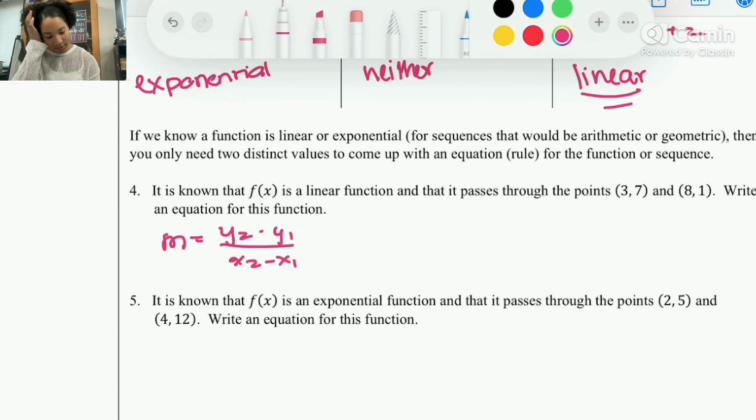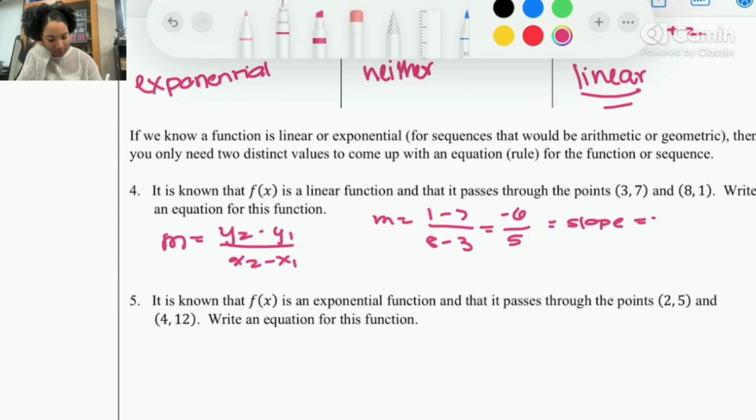Our y2 is 1, and then our y1 is 7, and then our x2 is 8, and our x1 is 3. So that's going to equal -7 over 5, which is going to give us our slope.